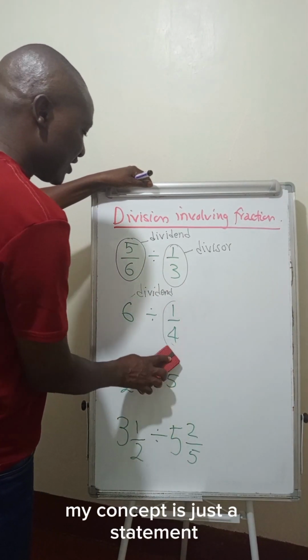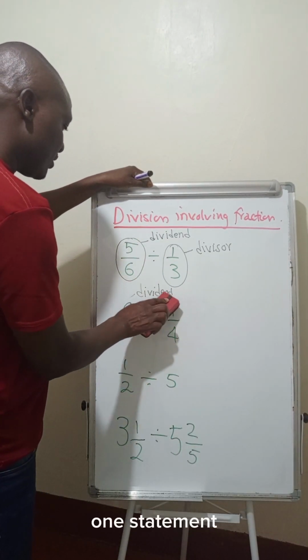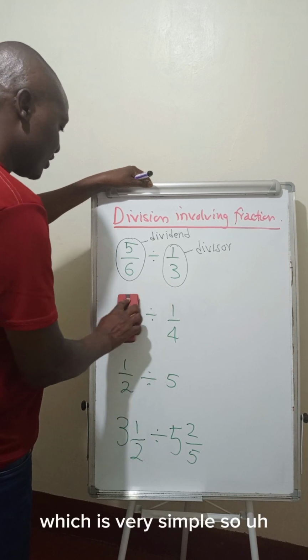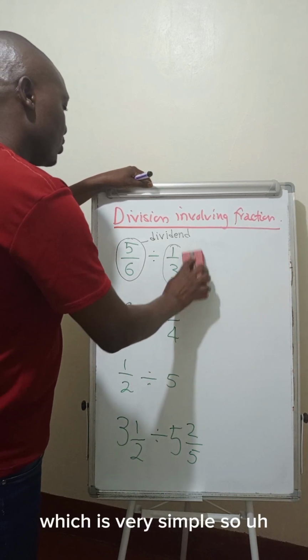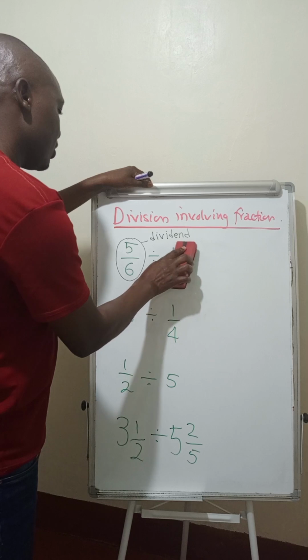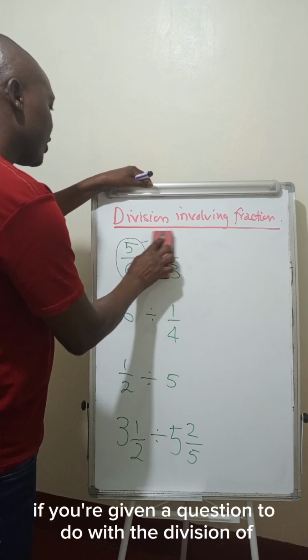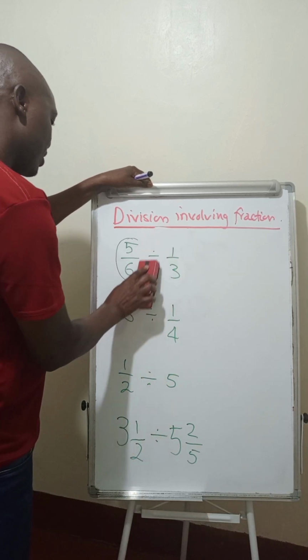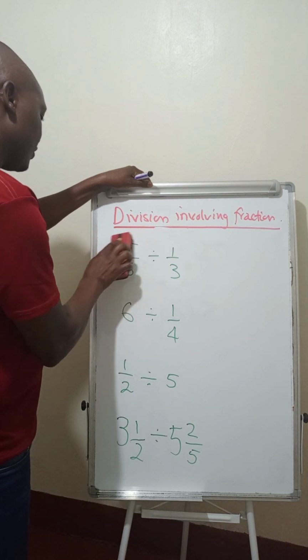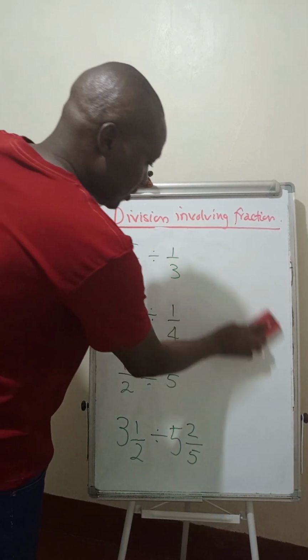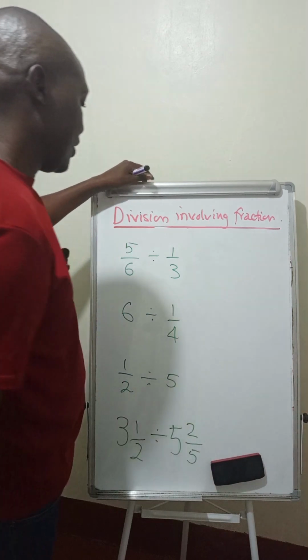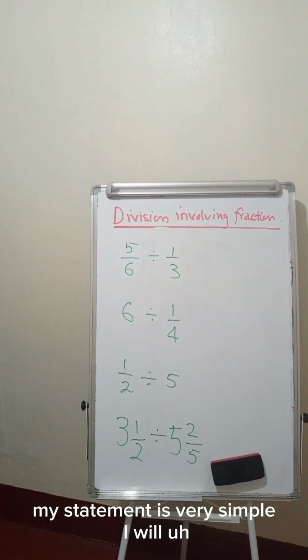Now, having that in your mind, my concept is just one statement, which is very simple. If you're given a question to do with the division of fractions, what do you need to do? My statement is very simple.